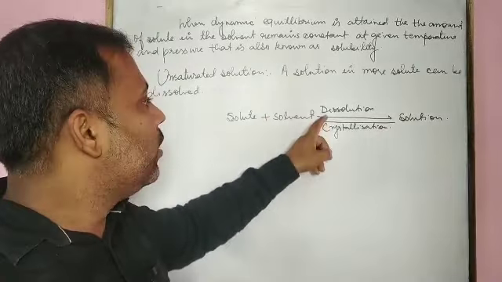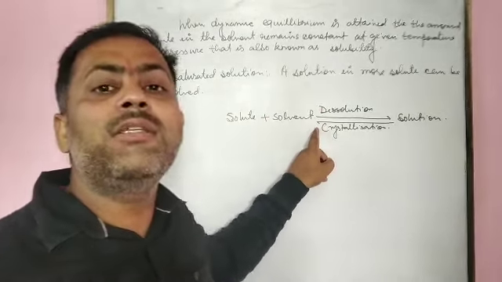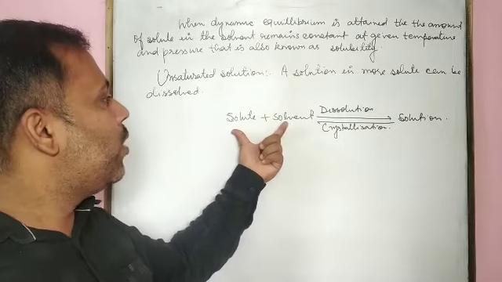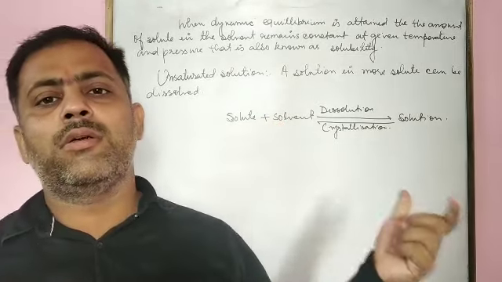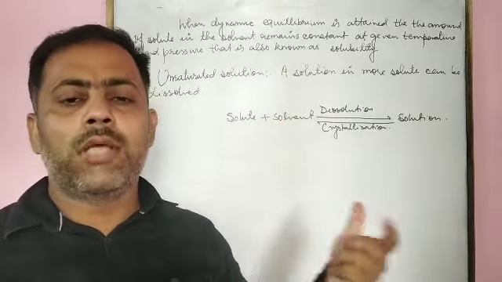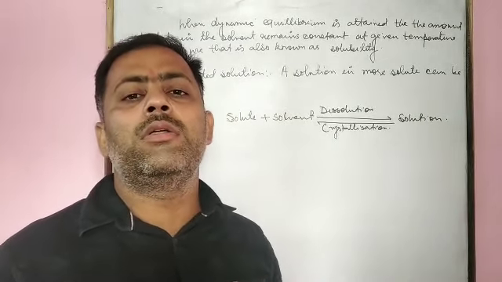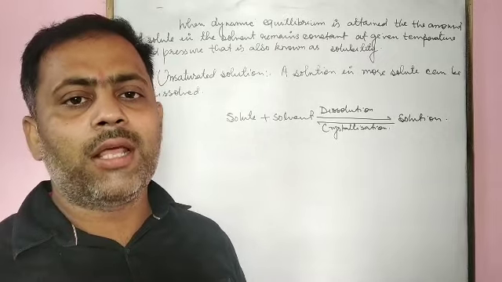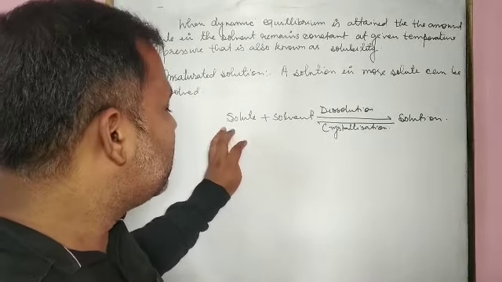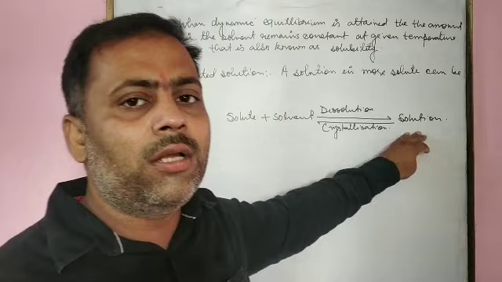When the rate of dissolution and crystallization is the same, the amount of solute in the solvent remains constant. That is known as a saturated solution. In a saturated solution, the amount of solute is termed its solubility at a given temperature and pressure. It means a dynamic equilibrium is attained here.